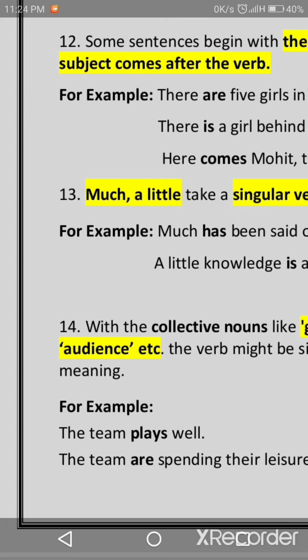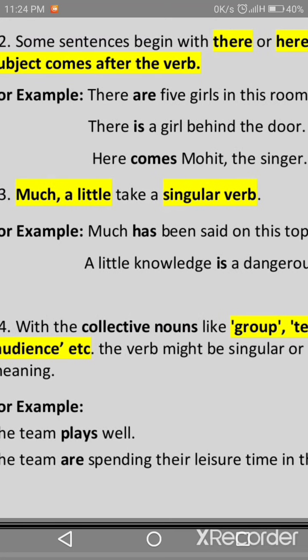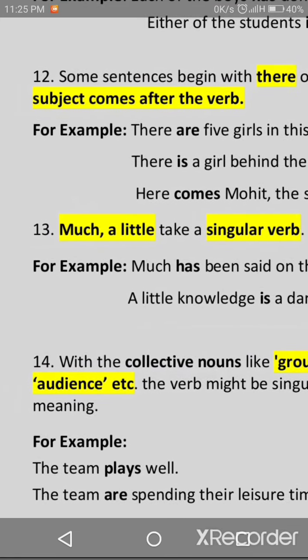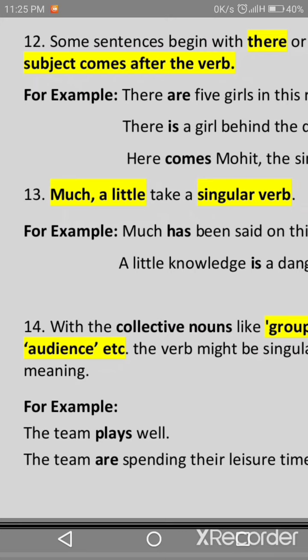Here we are referring to one whole team, so the verb is singular, that is plays. Another example is, the team are spending their leisure time in the countryside. Here we are referring to every member of that team separately. So it can be singular or plural, but it will change the meaning of your sentence.